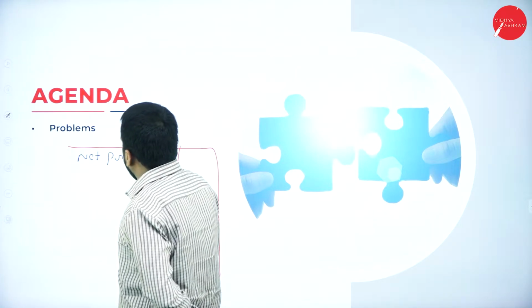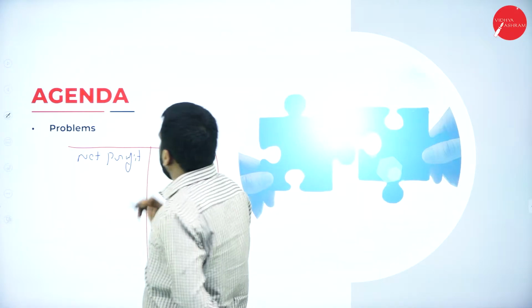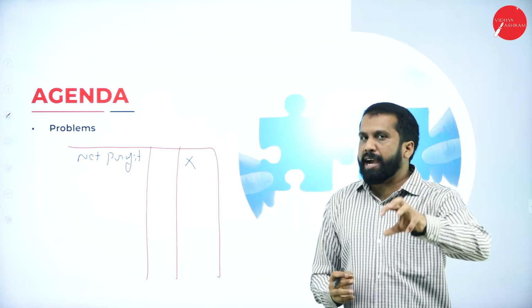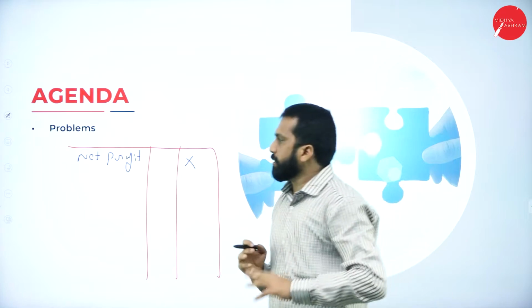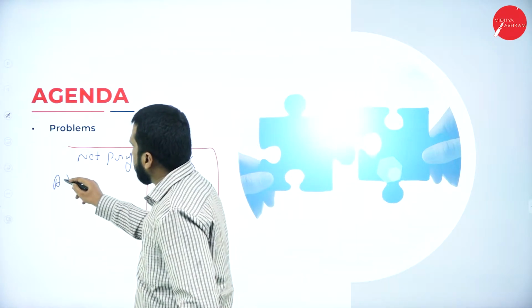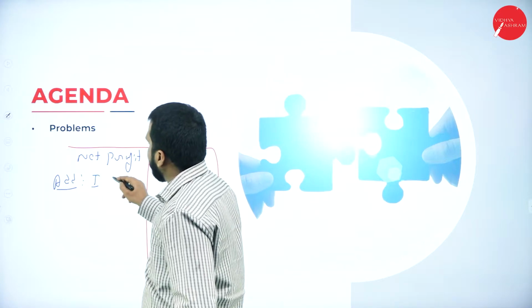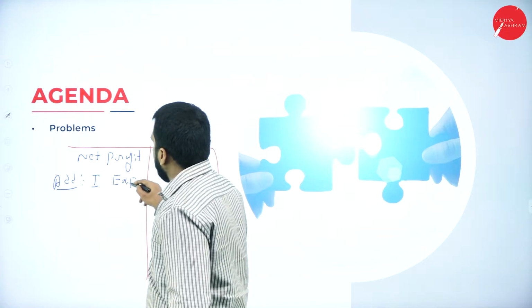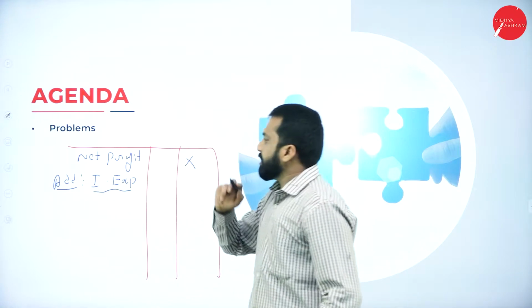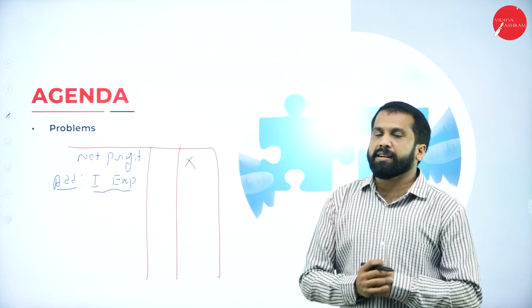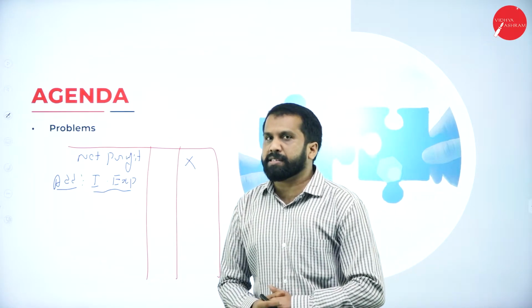Net profit. It will be given in the question itself. You have to take out net profit. Then add inadmissible items or expenses. Inadmissible expenses you are supposed to add. What are those inadmissible expenses?